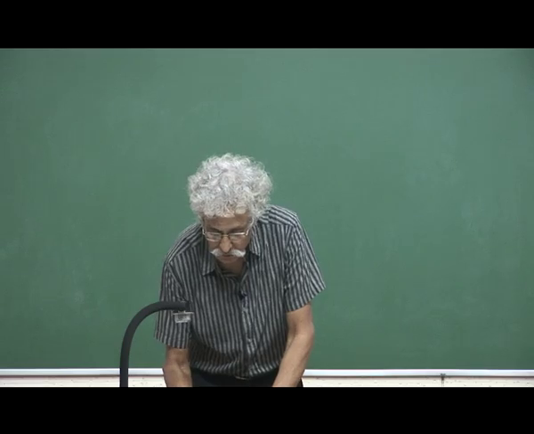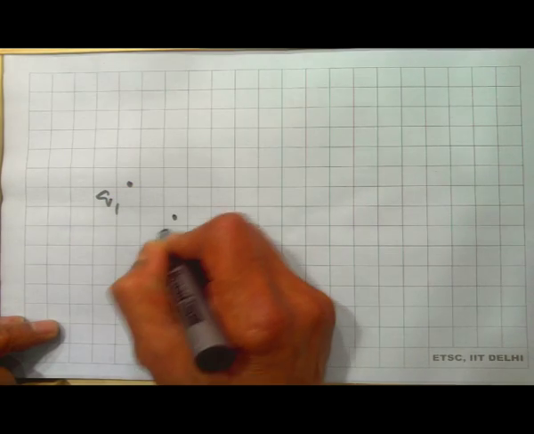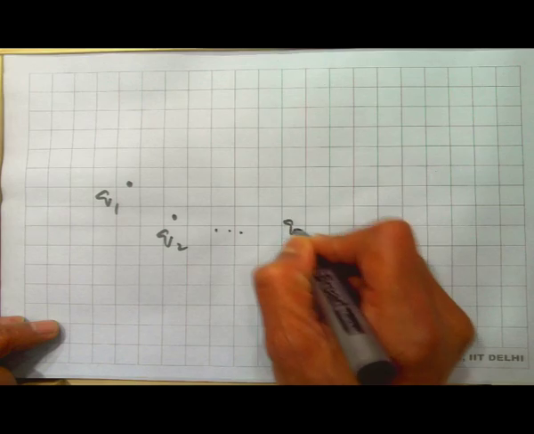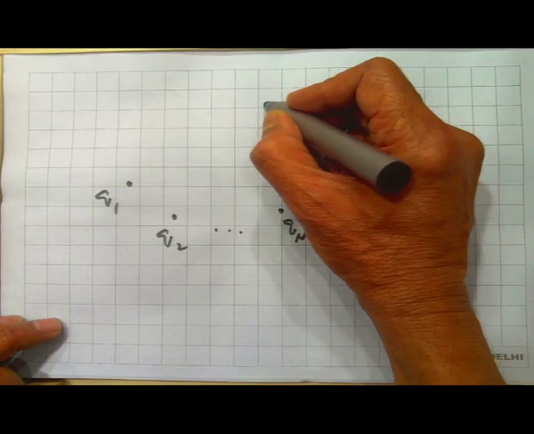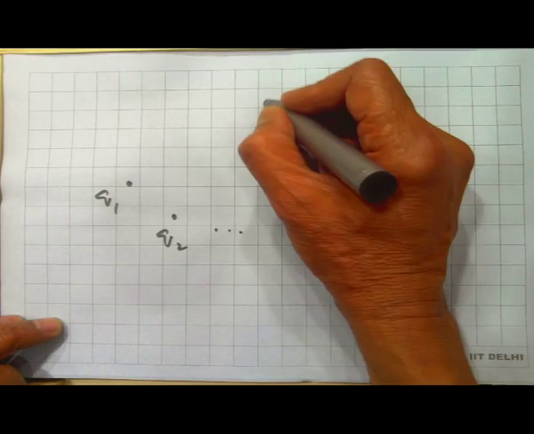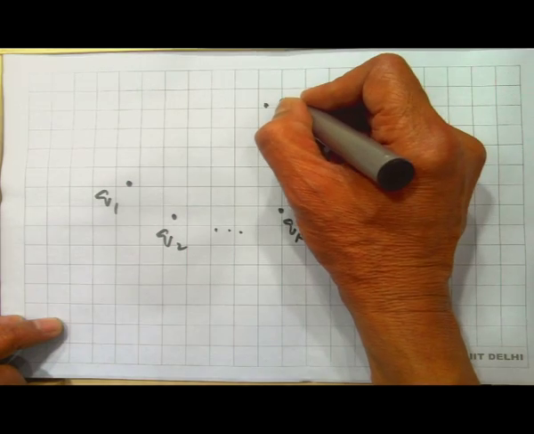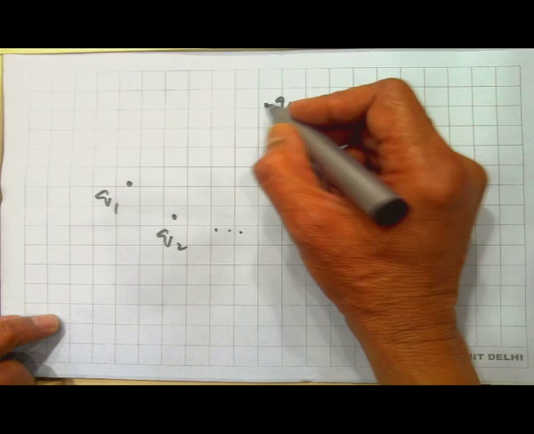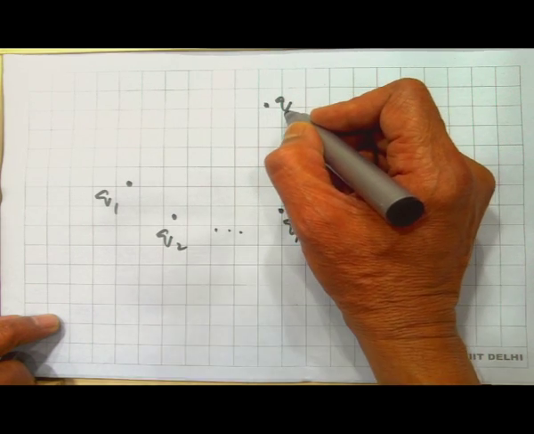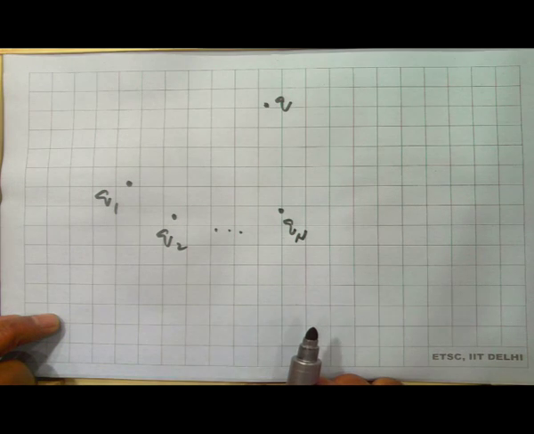Now, I must be a little careful in this definition, because there may be a number of charges in a region. Suppose I have a number of charges, say q 1, q 2, etcetera, q n. I want to find the electric field at this point. If I put a small charge q here, I can find the force on this charge and divide that force by this small charge q to get the electric field at that point.